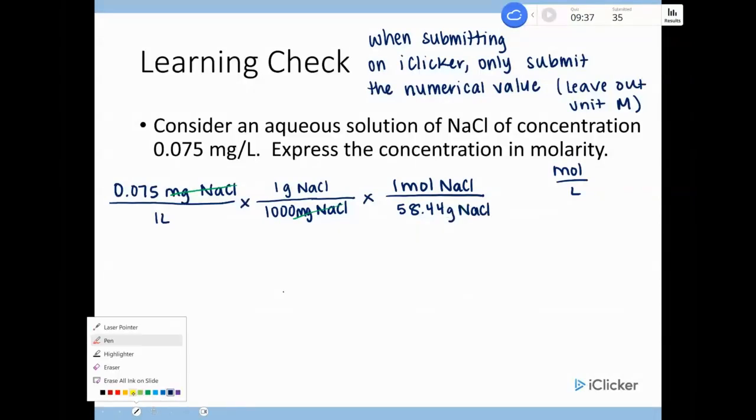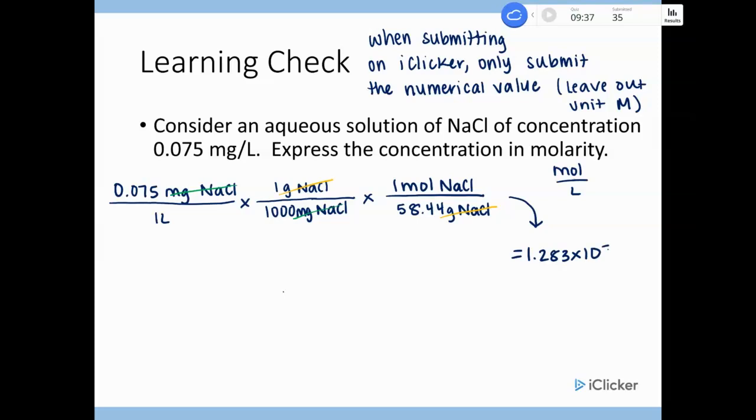So now this fraction here cancels out grams of sodium chloride. And this is equal to 1.283 times 10 to the negative 6 moles of sodium chloride per liter, or 1.3 times 10 to the negative 6 molarity, just to use 2 sig figs here. But if you included more in your answer, it's okay.